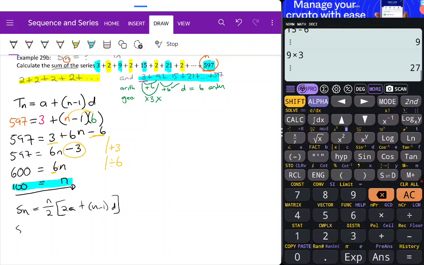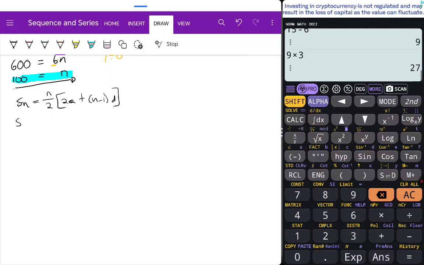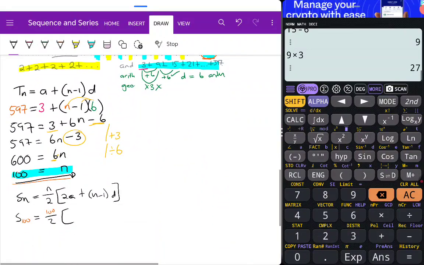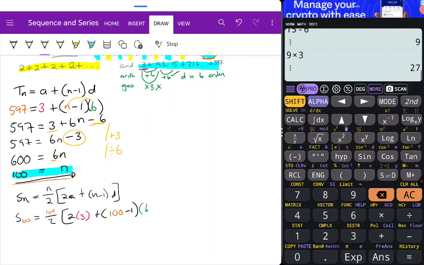So S of 100 is equal to 100 over 2, open bracket, 2 times a, 2 times 3, because on the blue one a is 3, plus 100 minus 1 multiplied by a difference of 6.